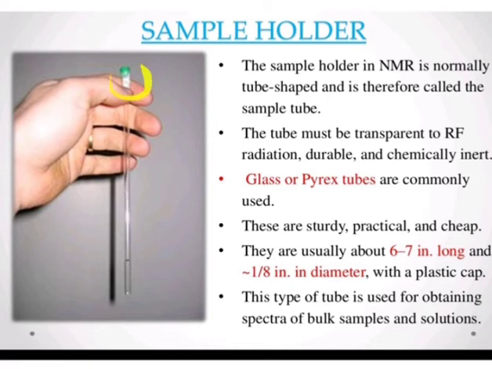This cap is made up of a plastic material, and this type of tube is used for obtaining spectra of bulk samples and solutions. So this is a sample holder or a sample tube made up of glass or Pyrex material. Its length is about 6 to 7 inch and its diameter is 1/8 inch.